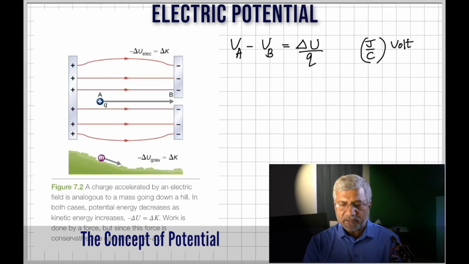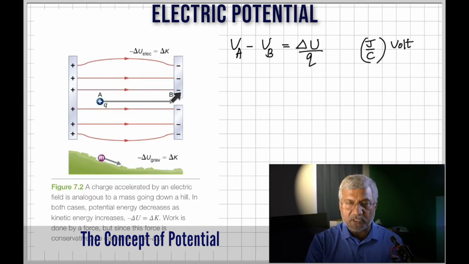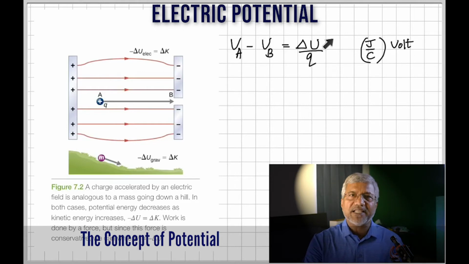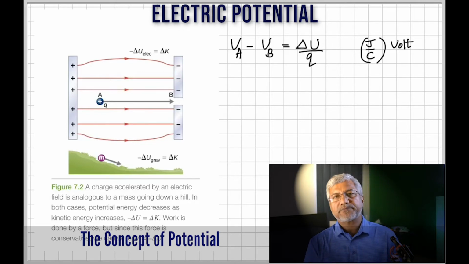In the same manner, to move the positive charge from the negative plate to the positive plate, we are trying to take it from a lower potential to a higher potential, so we have to do work. When we do work, it gains potential energy. So that's what this delta U stands for. Delta U is the gain or the change in potential energy.